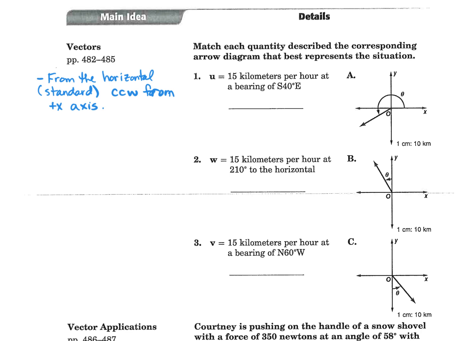A. Okay. So if we wanted to talk about 210 degrees to the horizontal, that would be number 2, wouldn't it? That would be starting here, going around, and this would be 210 degrees. Okay, so this would be A. This is standard position, okay? This is the standard way to measure. There are 3 ways to measure, though.